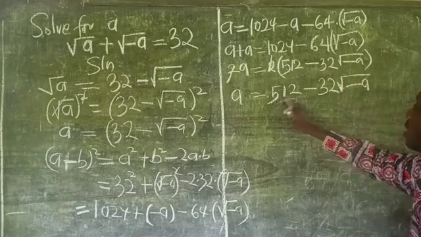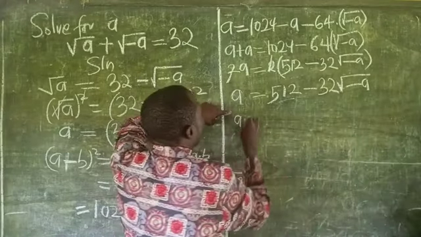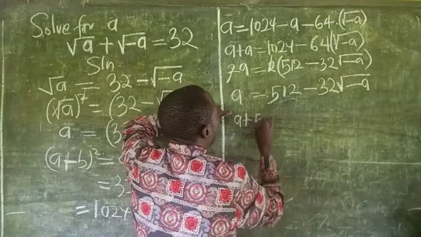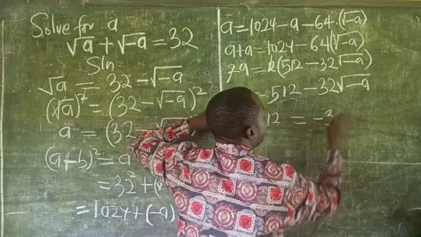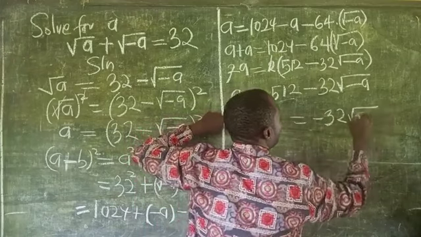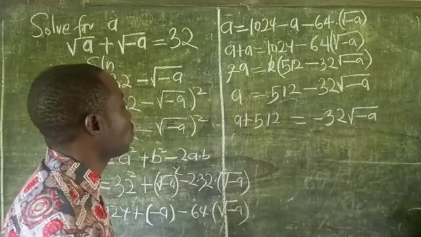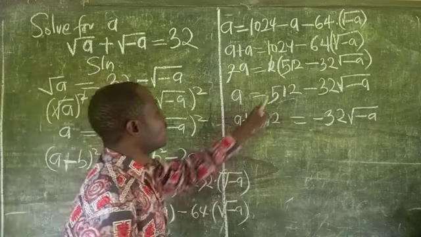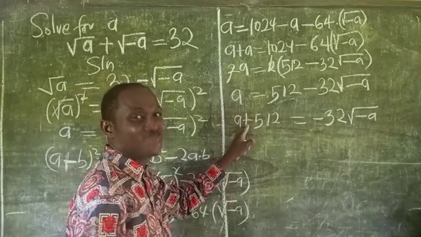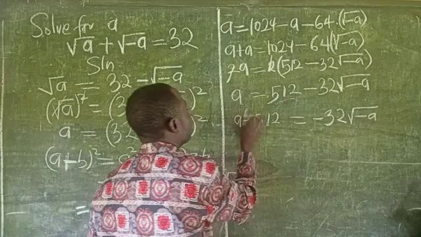Now the 512 moves to the left hand side, that is to say a plus 512 equal to minus 32 square root of minus a. Wait, if this is crossing over here, it has to be negative, so a minus 512.